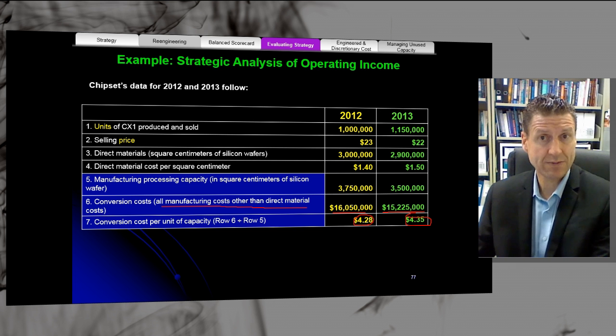In 2012, the price was $23. In 2013 it is $22. Interesting here, right? Obviously, that's not a good sign if you're following a differentiation strategy, but you probably won't worry about that if you're following a cost leadership strategy. But we'll get into the actual calculations in a minute.